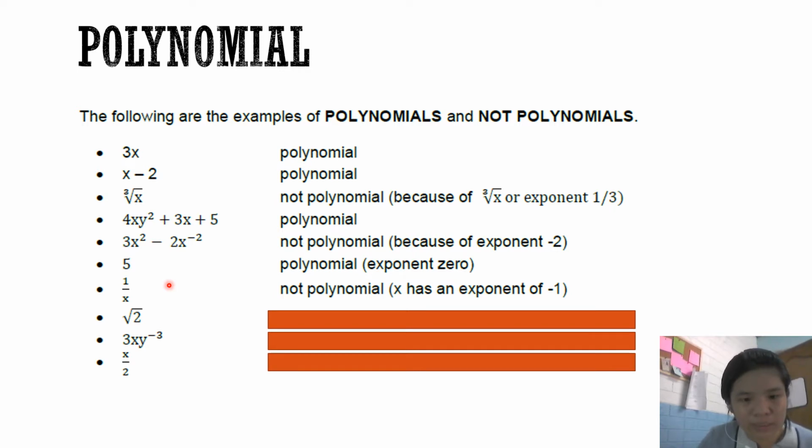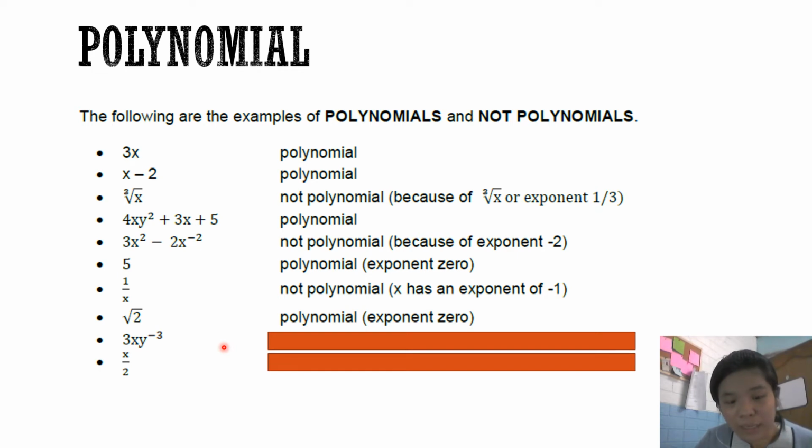And 5 is a constant. How about square root of 2? Still a polynomial. Kasi, yung 2 natin is constant. Kahit anong exponent pa niyan, basta constant lang siya, okay pa rin siya. Polynomial pa rin siya. Yung hindi lang pwede, yung may restriction lang, is yung mga variables natin.